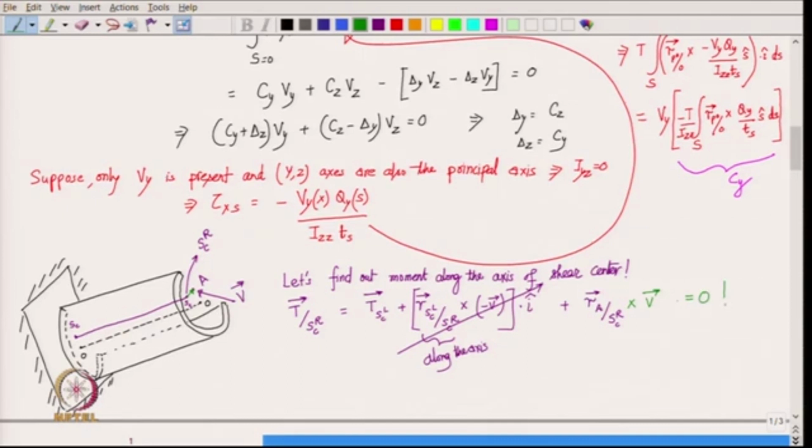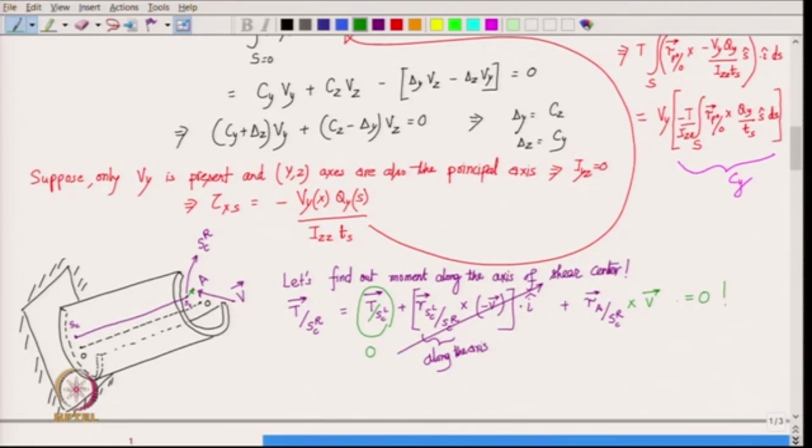But you see, this torque about the shear center of the left cross section will also be 0, because by definition the torque about the shear center is 0. So, the first term here is 0, second term is also 0, but the third term, when can this be 0?